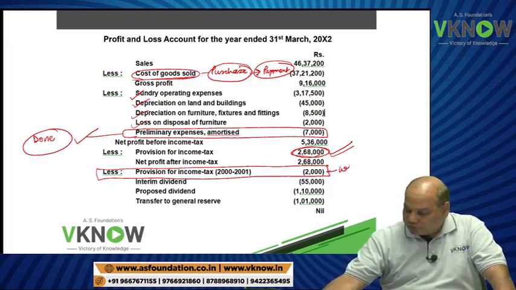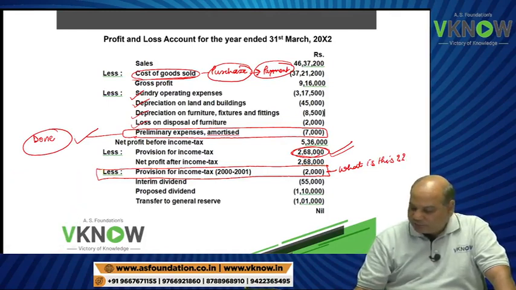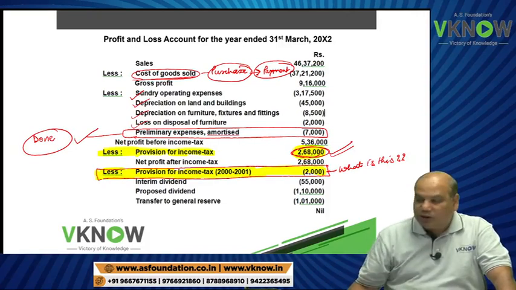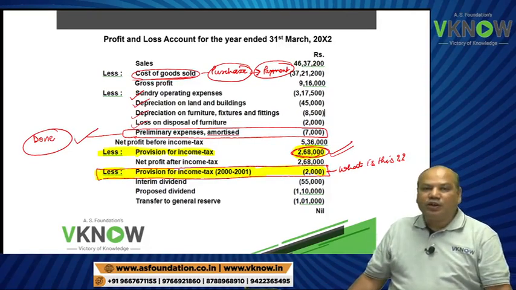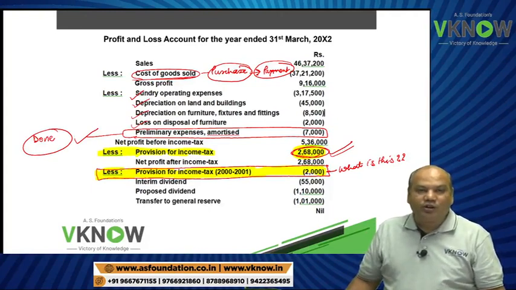Your question will be, what is this? You have to keep thinking. So this I will explain at the end. The student has to keep thinking what can be the provision for income tax of 2,000 rupees when this provision for tax is already given. What is this second provision for income tax, 2,000? Here lies your thinking capacity.